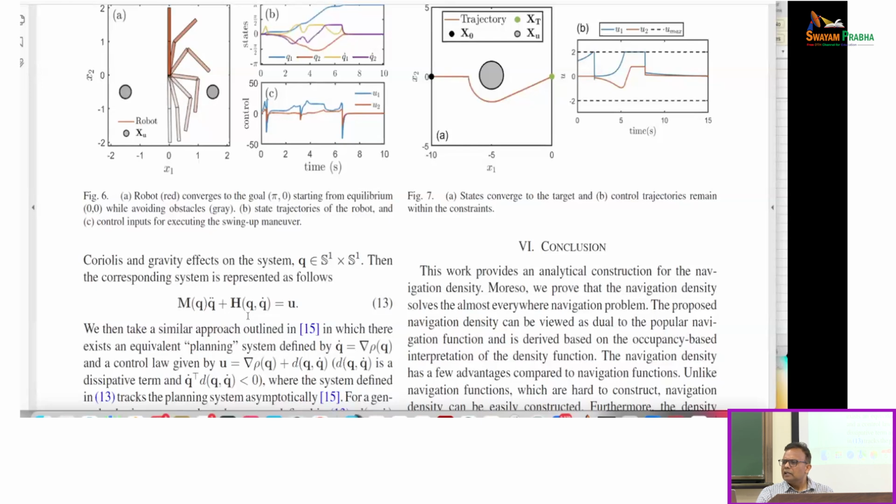So once you have this safe trajectory, you can design a low-level controller using inverse kinematics for systems like this to track any desired trajectory, including the safe trajectory. So that's what is shown here. That's one way to extend the applicability of this density function, which is designed based on a simple integrator dynamics, to more complicated dynamics using inverse kinematics.